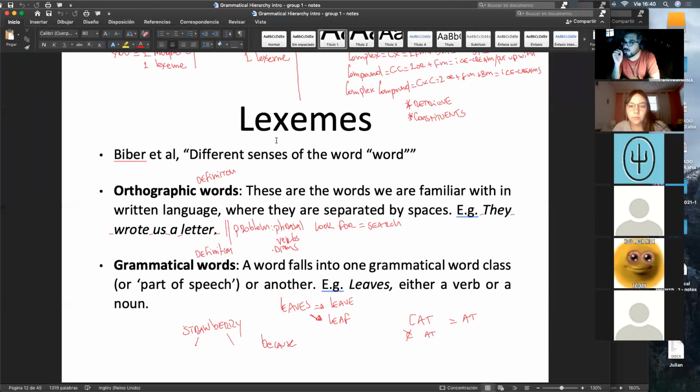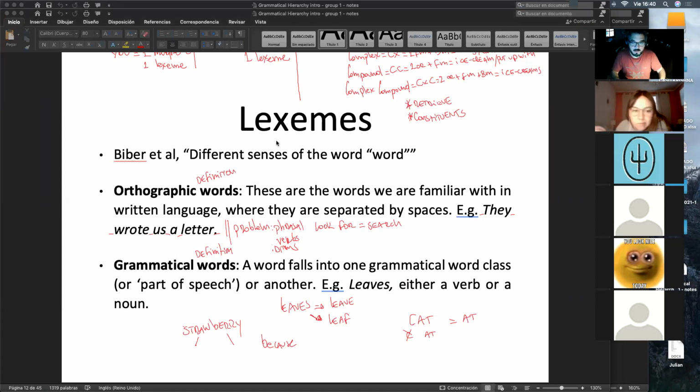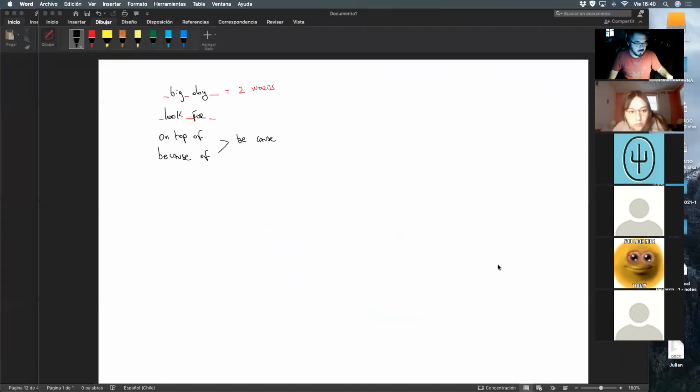The second definition would be the grammatical definition. The grammatical definition says that a word will be considered to be a word if it falls into one grammatical word class or part of speech or another. So for example, by the grammatical definition, the word leave is a word because it is a verb.